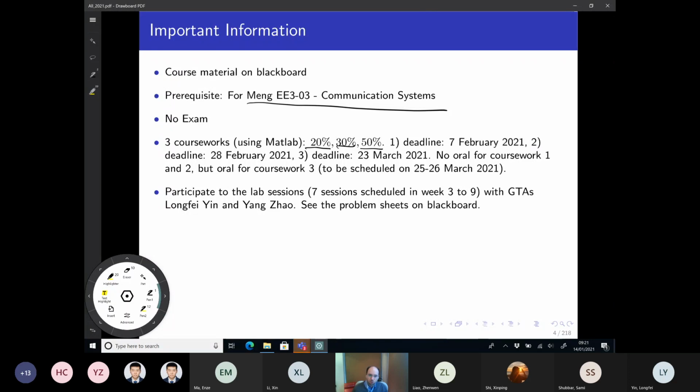You're going to have sessions where Longfei and Yang will go over some problems to help you understand them. And part of the sessions will be about simulating, playing with MATLAB, and implementing some of those communication strategies.